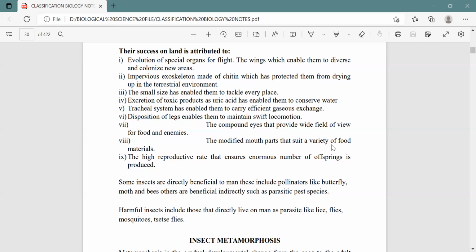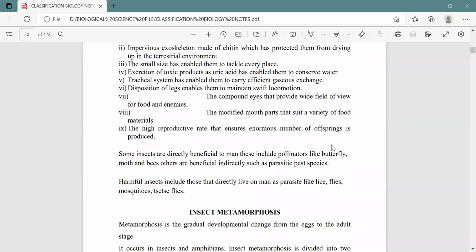In that point, you'll add the word non, so that it is read as non-toxic, non-poisonous products, such as uric acid.